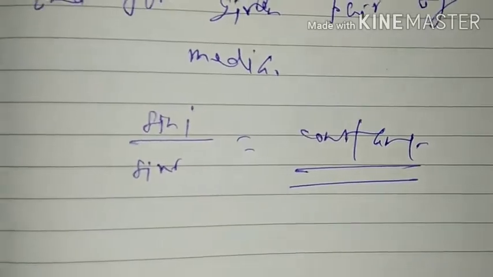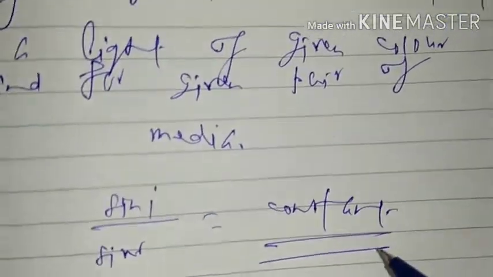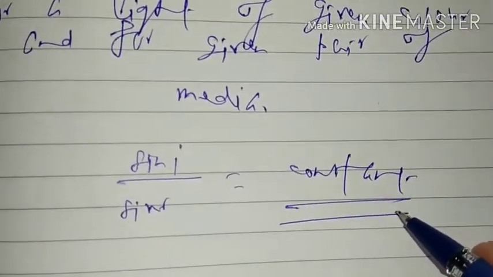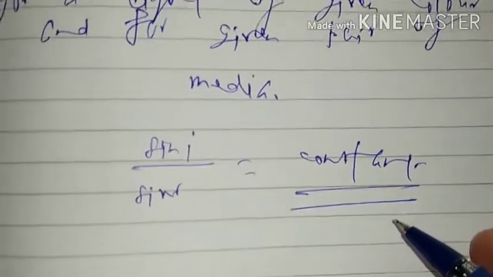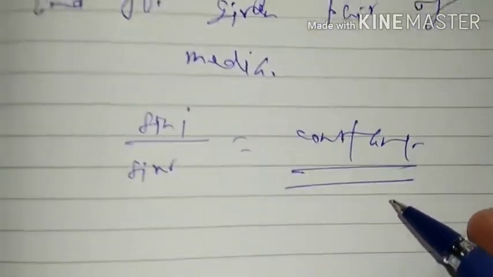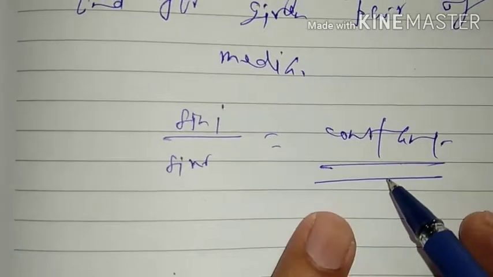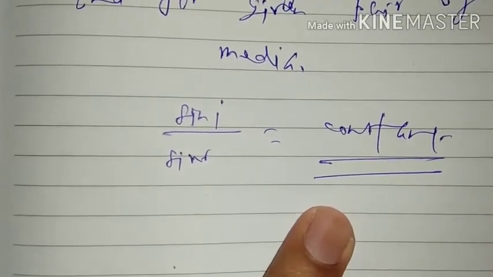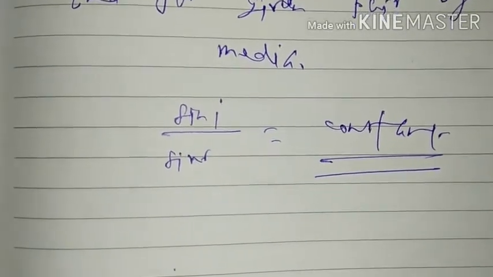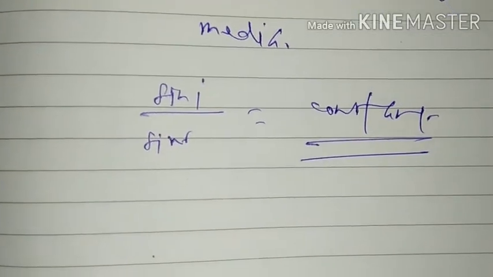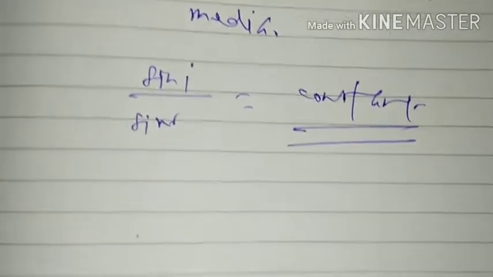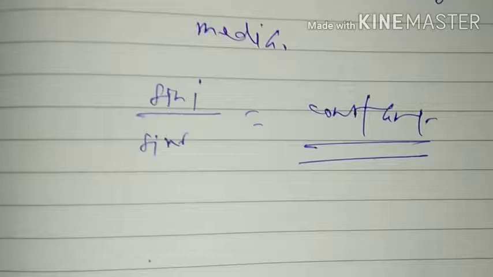Suppose this medium is air, this medium is water. For these two media, the value of constant will be something. But if we take first medium as glass and second as water, then this constant will be now something different. So it depends on the color of the light and the given pair of media.